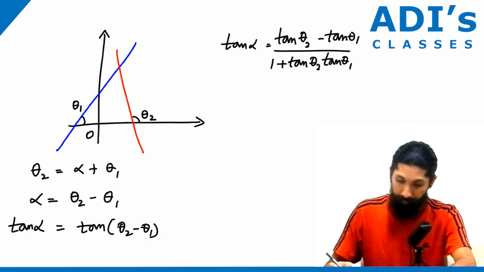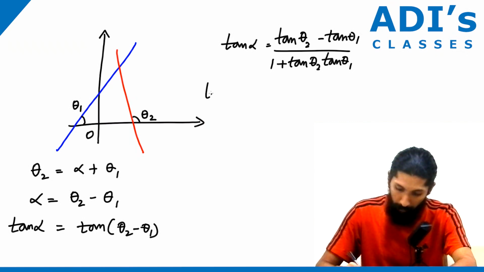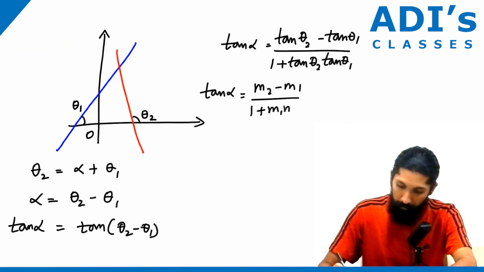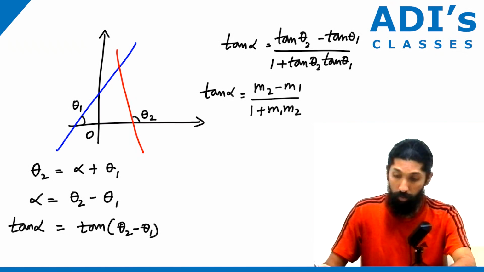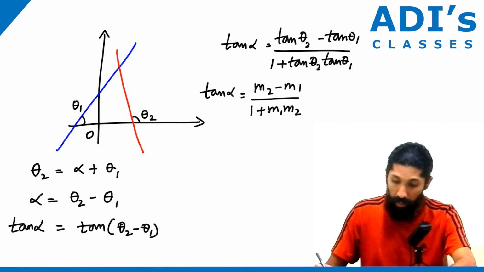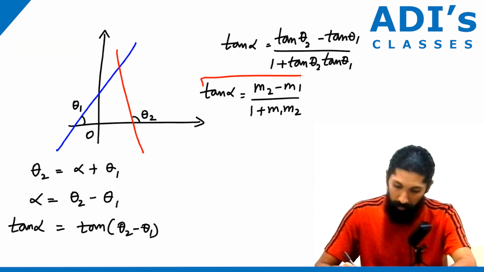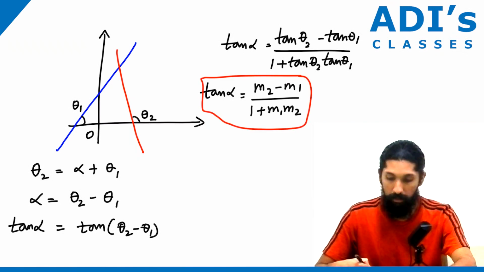Fair enough? So tan alpha is equal to m2 minus m1 divided by 1 plus m1 into m2. This gives us the angle between the two lines.